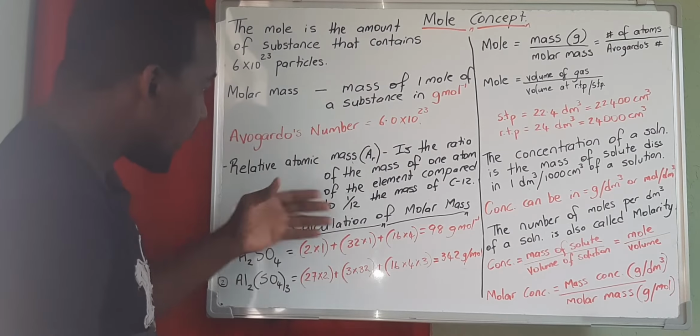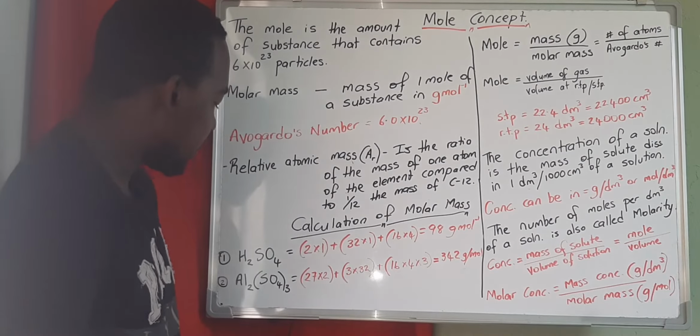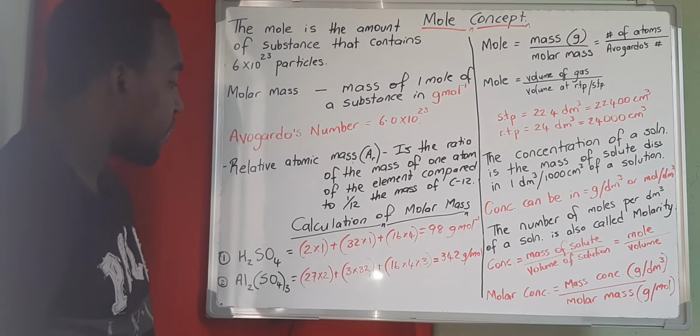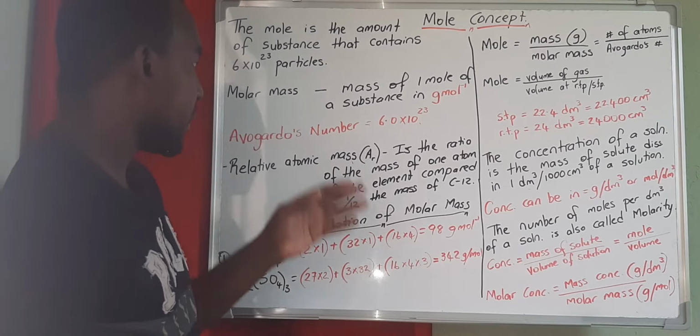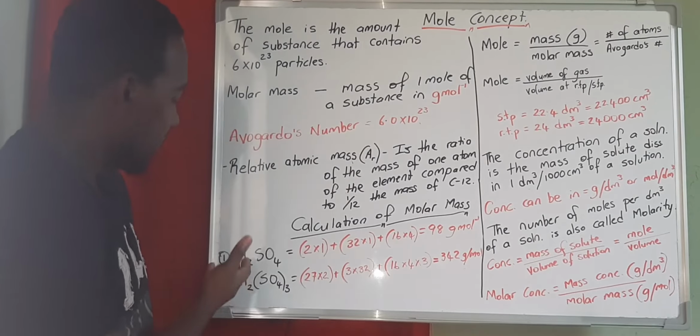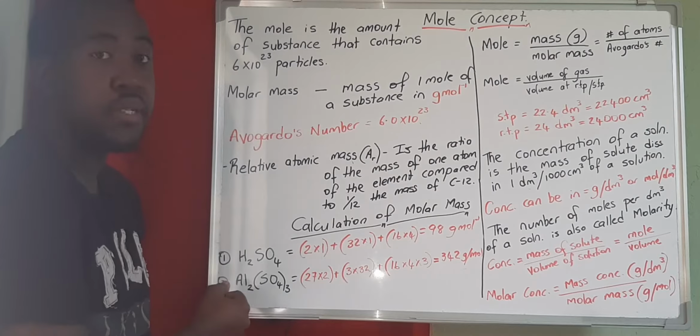Now, calculations of molar mass. If we have sulfuric acid, H2SO4, to find the molar mass, which is the amount of mass in 1 mole, we have one H2SO4, so it's 1 mole of sulfuric acid.